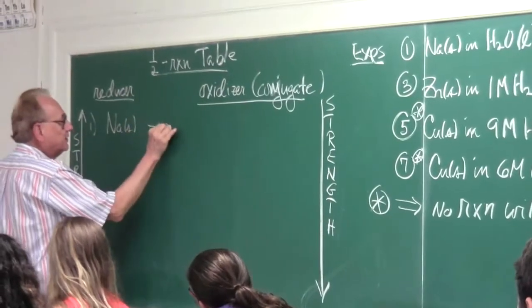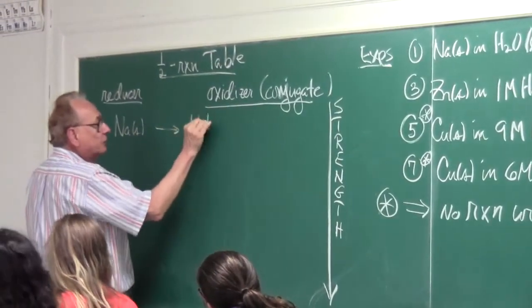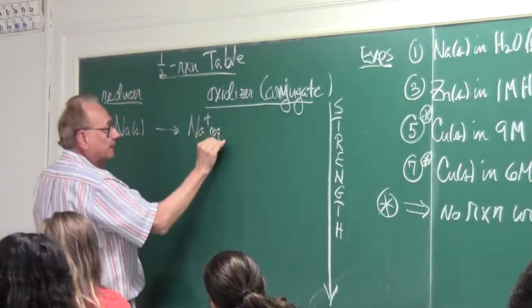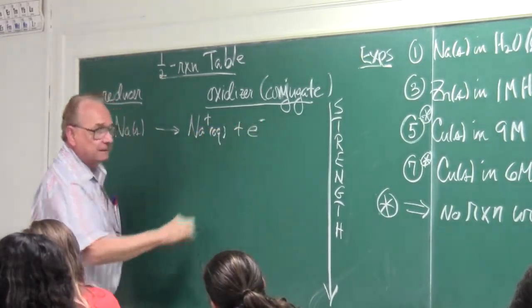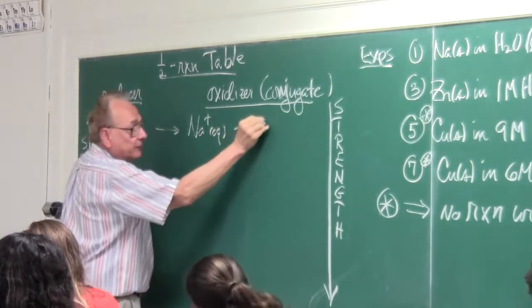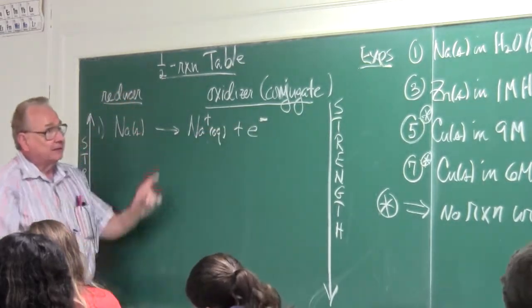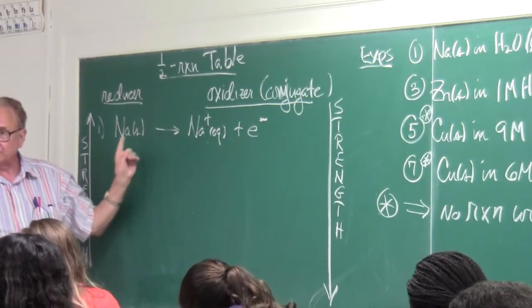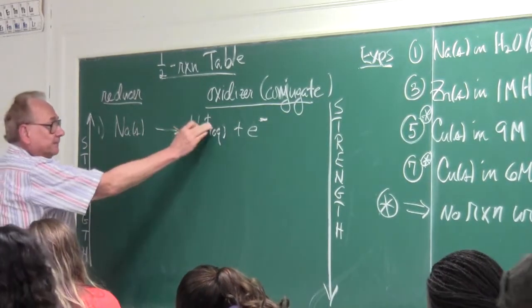In the investigation we just performed, sodium metal, the reducer, lost 1 electron per atom and became sodium ion, the conjugate oxidizer of sodium metal. At least the conjugate oxidizer of sodium metal in aqueous medium.